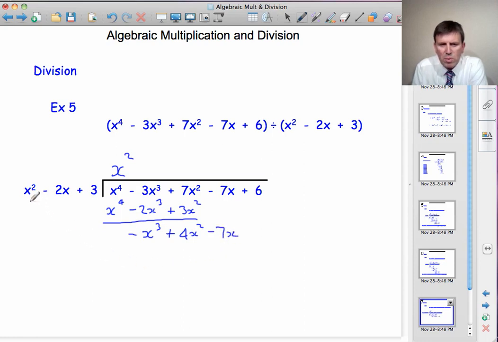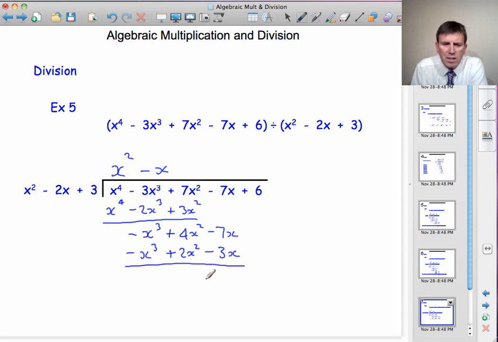Now then, what do I multiply x squared by to get minus x cubed? Answer, minus x. Minus x times x squared is minus x cubed. Minus x times minus 2x is plus 2x squared. Minus x times plus 3 is minus 3x.